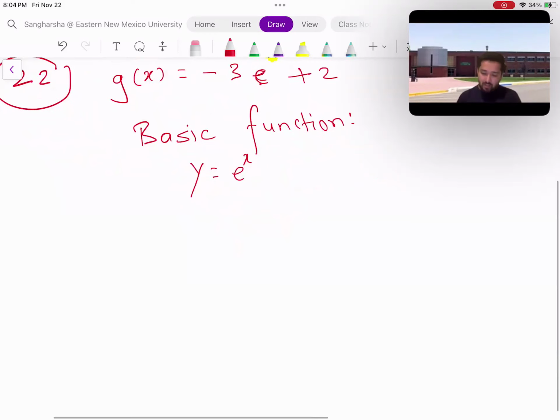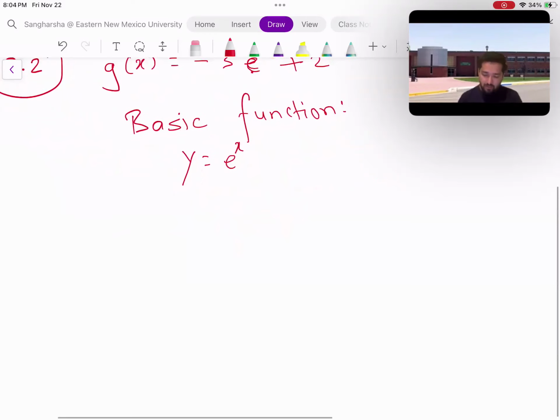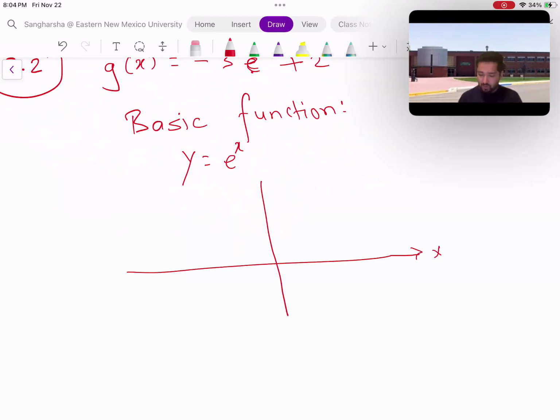Now let's graph our basic function. How does the graph of this function look? So this is our x-axis, this is our y-axis, we have the origin, and the exponential function looks like this. Now, what is our y-intercept here?